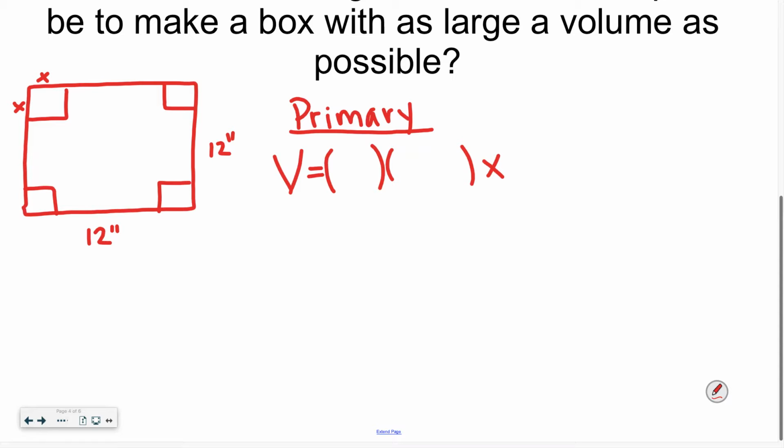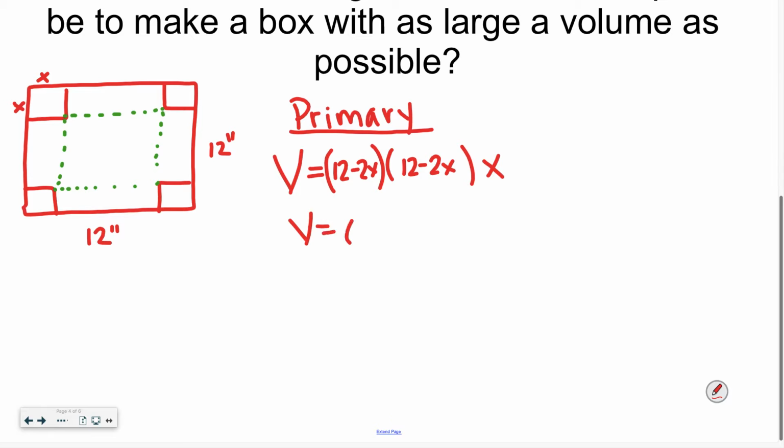Now, this is a square box, so our length and width are going to be the same. Once we cut these and fold them up, what is the length of each side of our box? 12 minus 2x. Yeah. So maybe we want to write this.